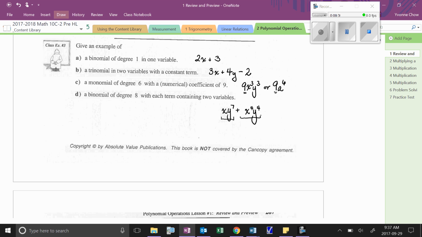Degree 8 simply means that one term has to have 8. The other one, I could have x cubed y cubed here instead of x to the 4th y to the 4th, because we're just taking the term with the highest degree. So again, I could have had, let's say, x to the fourth y to the fourth, and simply plus xy. So that would work as well.